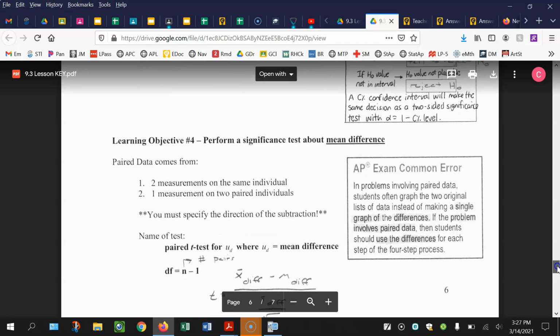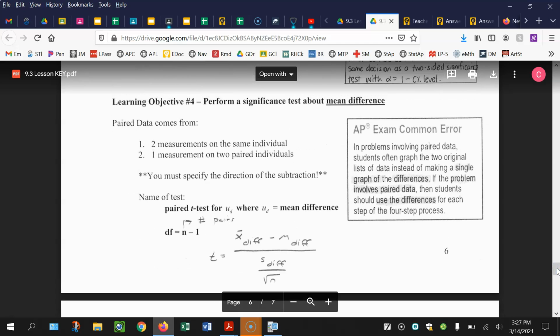All right. So now we're going to move on to the last part of the lesson, which is dealing with a paired test. And if you remember back to Unit 4, we did matched pairs experimental design. And there were 2 scenarios where we came into a matched pairs design. One, you had 2 measurements on the same individual.